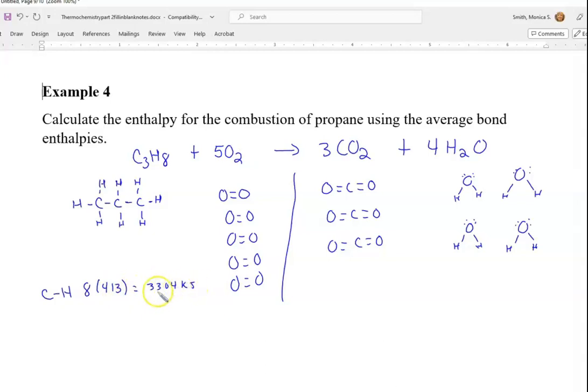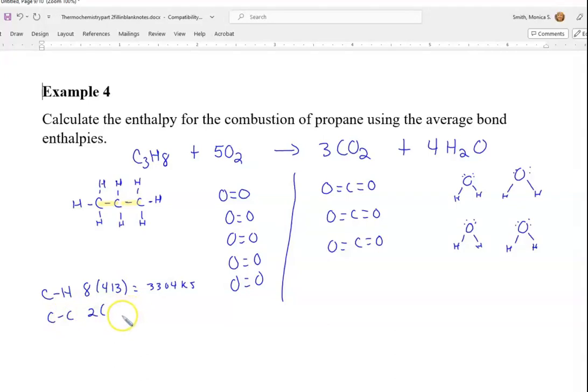I can't really read. Okay, so I got those, but what students tend to miss is the fact that I've got, look here. This is where we make the mistake. I got a CC bond here and a CC bond there. There are 2 C to C bonds going on.